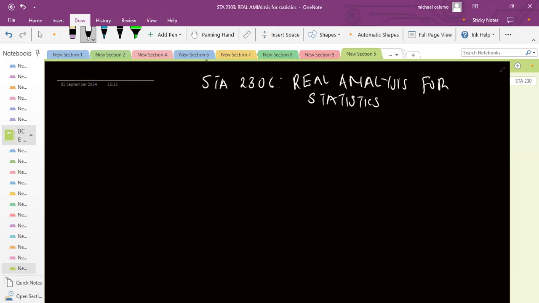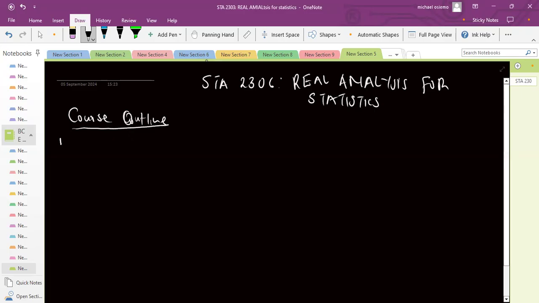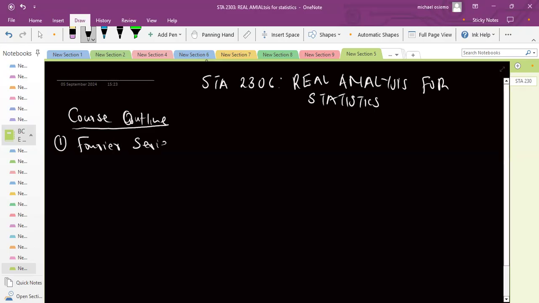So the course outline, the first topic to cover will be Fourier series. In this Fourier series, we're also going to look at the convergence theorem.